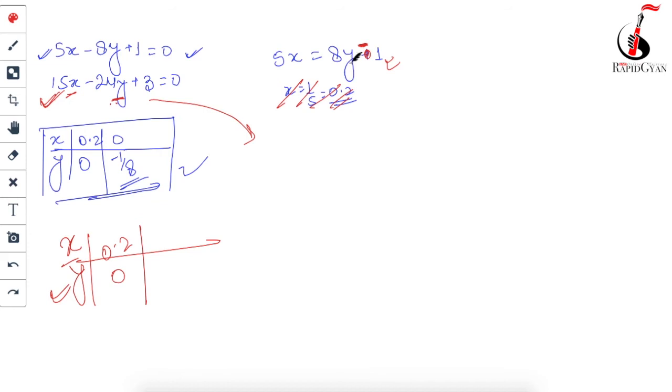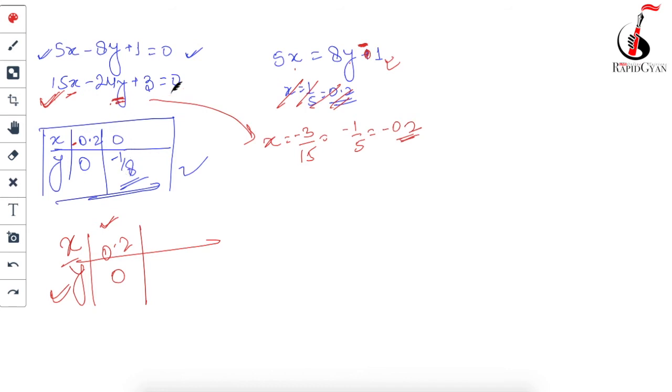So if y equal to 0, in this case the value of x will be minus of 0.2. Here also it's the same. If y equal to 0, what I will get from here? I will get x equal to minus of 3 upon 15, which is going to give me minus of 1 upon 5, which is equal to minus of 0.2. See here, it's minus of 0.2, correct?